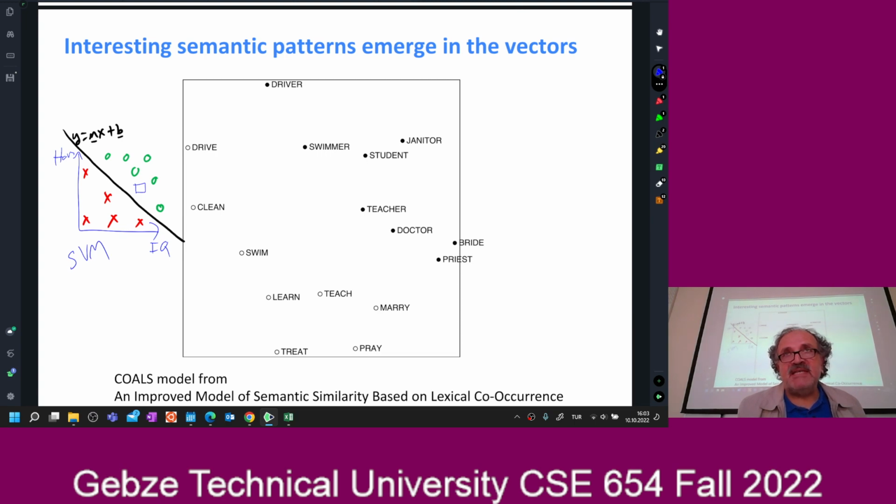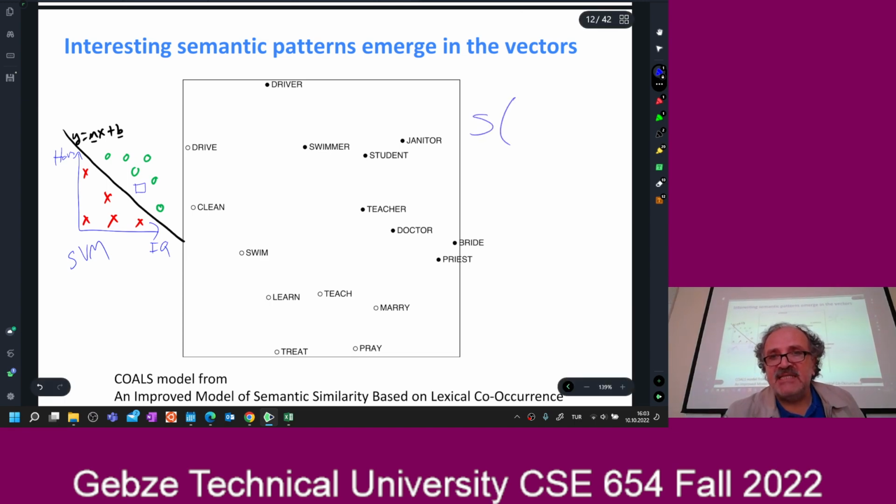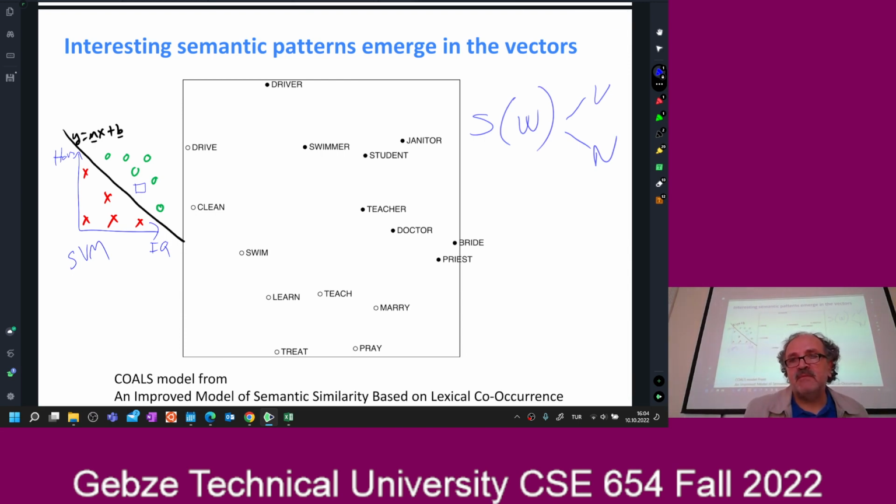Given the word, it says whether this is a noun or a verb. It is a system, a function, that will take a word and say either it's a verb or a noun. Okay. So how am I going to write such a classifier?